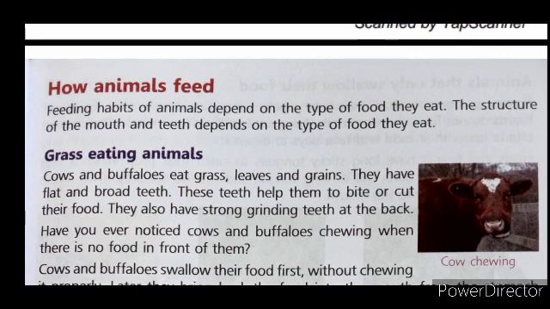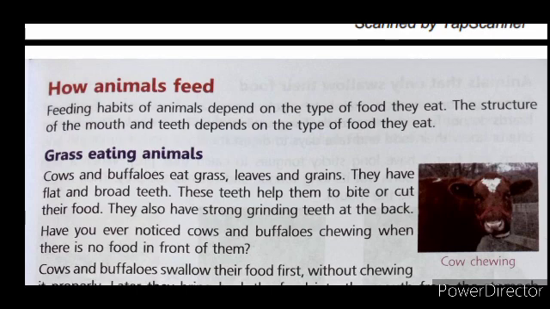The structure of mouth and teeth depends on the type of food they eat. Children, now the next one is how animals feed. Feeding habits of animals depend on the types of food they are eating.